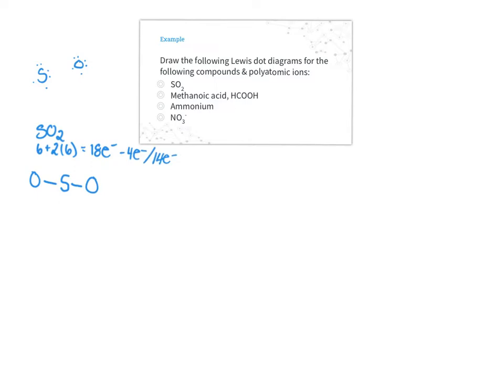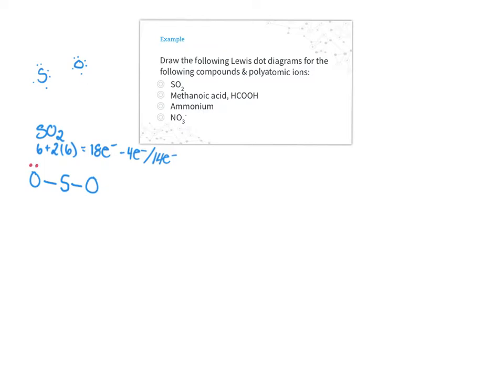I'm just going to switch to a different color so you can see maybe some of my steps here. We work on our peripheral or outer atoms to complete the octets by placing the electrons in pairs. So oxygen currently only has 2 electrons around it by this bond. Remember, it's shared. So I need to fill its octet up to 8 by adding pairs of electrons.